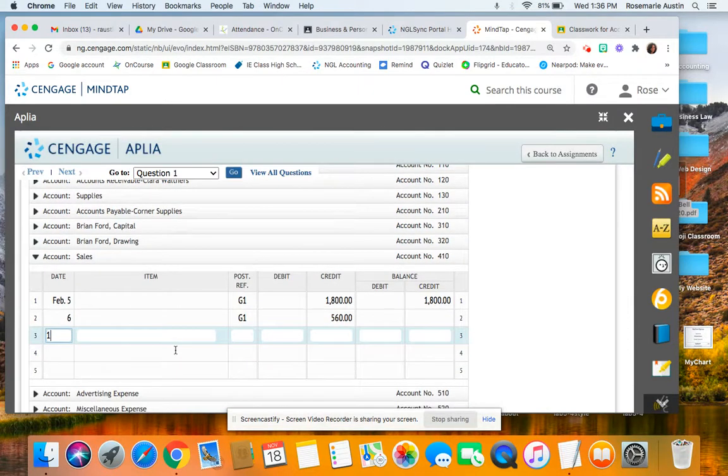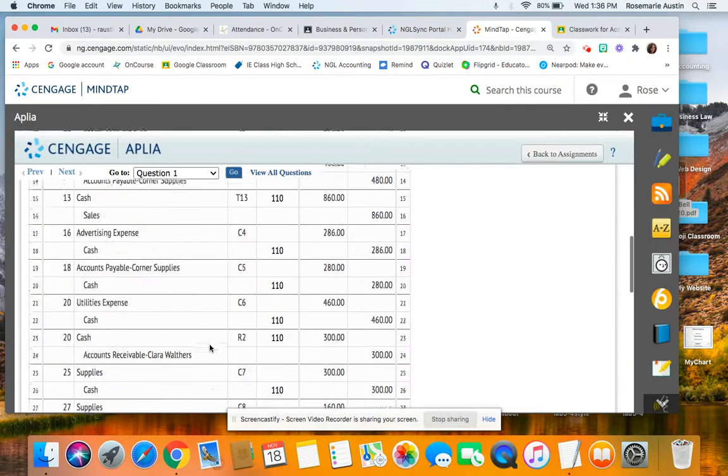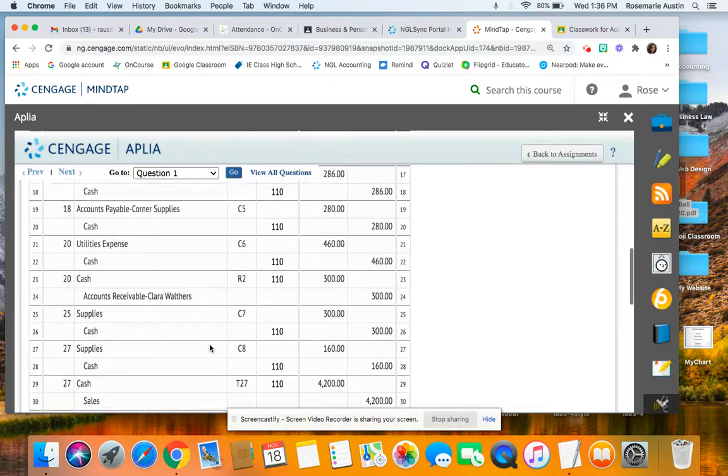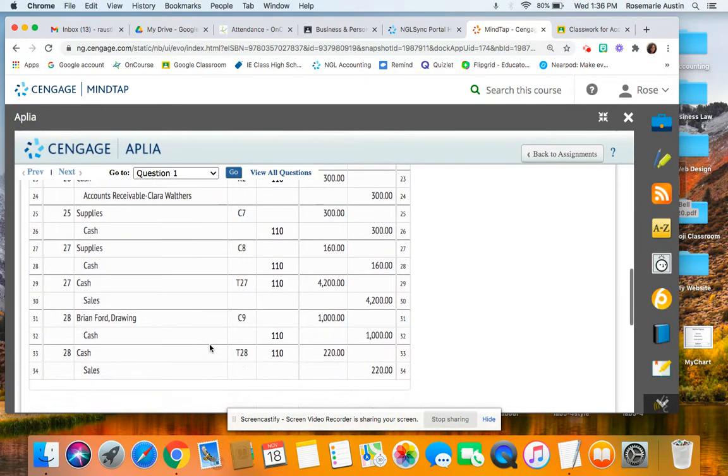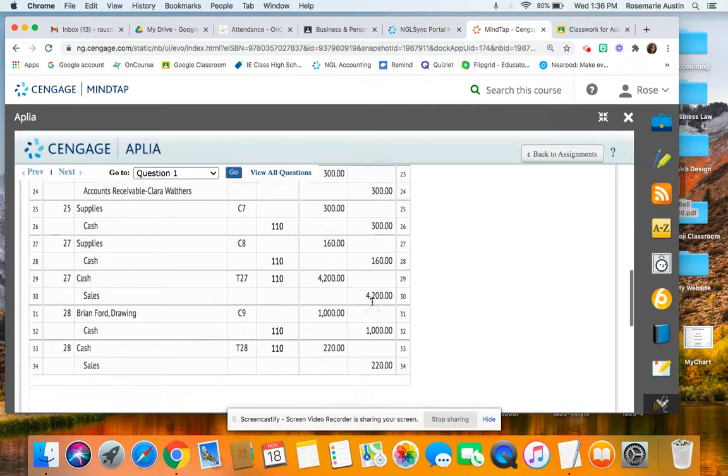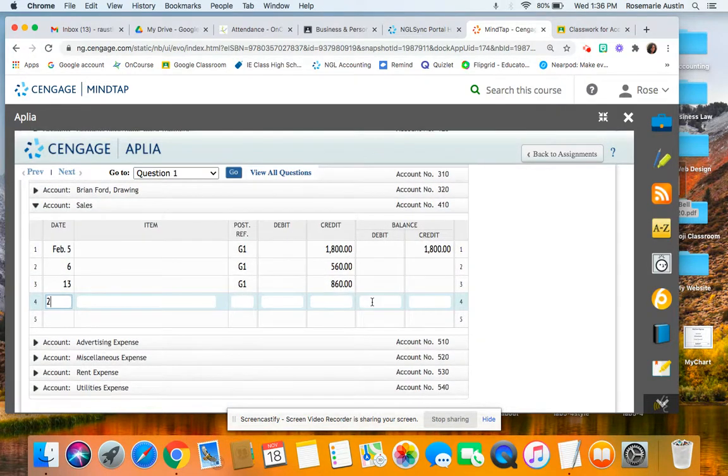So we're going to do the 13th, and that is an 860 credit, right? And then after the 13th, we have nothing for sales until you get to the 27th, and you have a credit of 4,200.